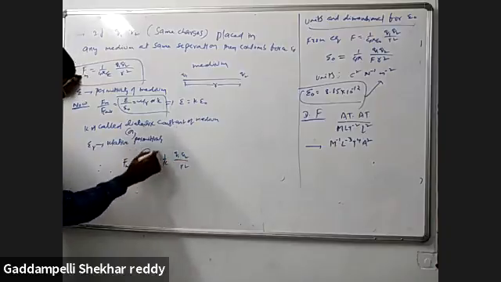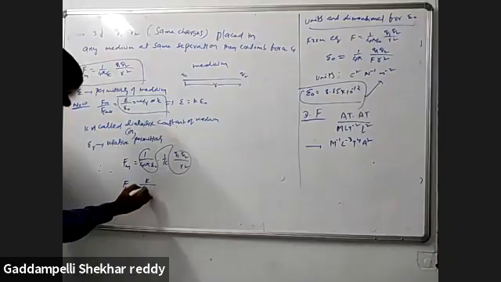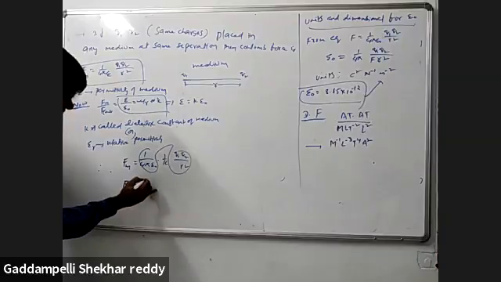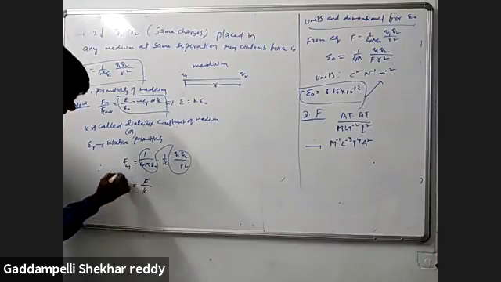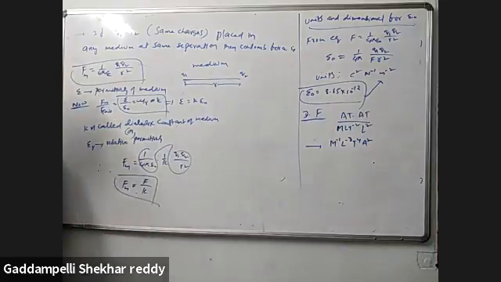This formula we already know as Fa. So F medium is equal to Fa by K. Final conclusion: what is the effect of the medium on the Coulomb force?